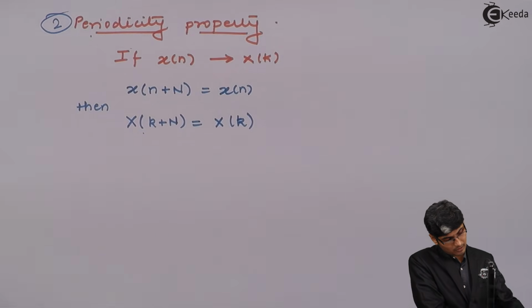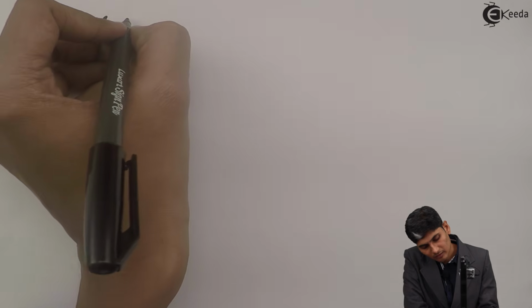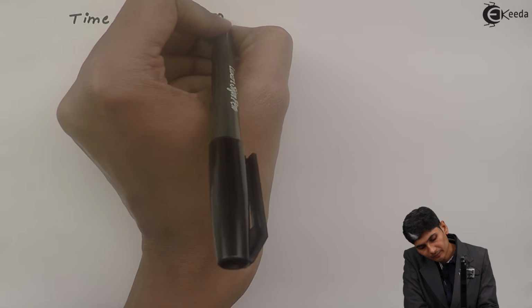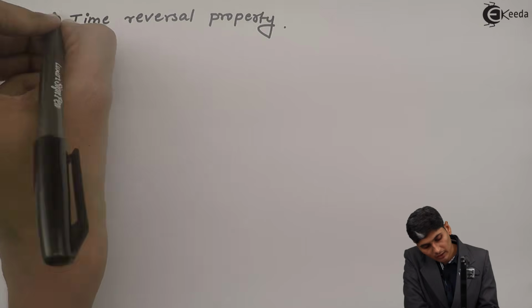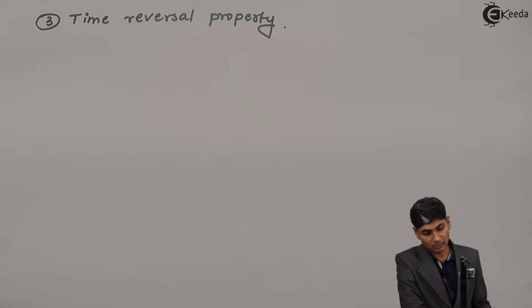Let us go to the third property, the time reversal property. So we are going to take today a new property in DFT, which is called the time reversal property.